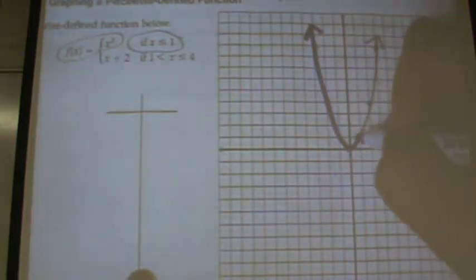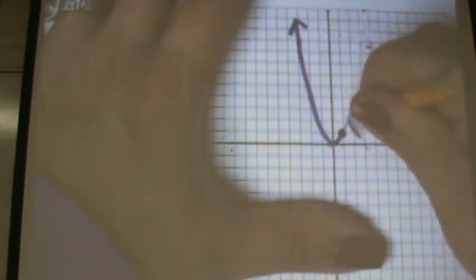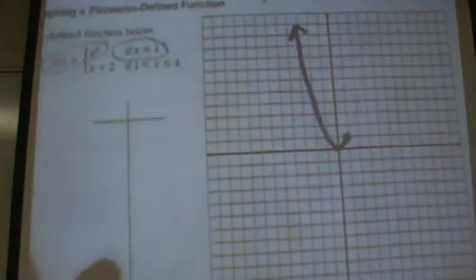Tell me if you understand this. And you stop there, because it's equal to. So what do I do with this other part? Remove it. This function does not exist for numbers that are greater than 1. So you erase it.